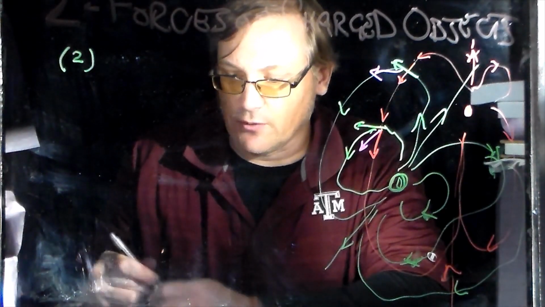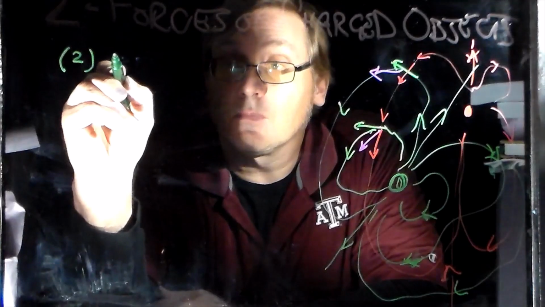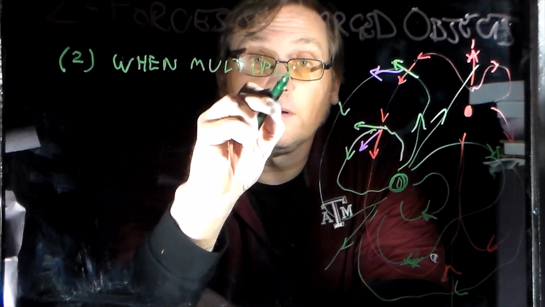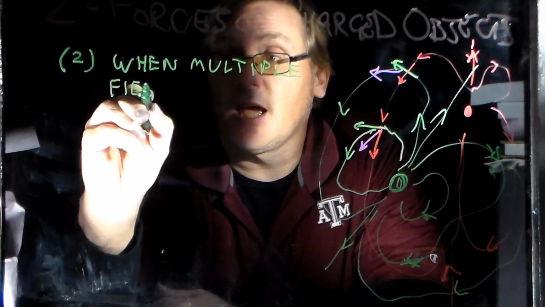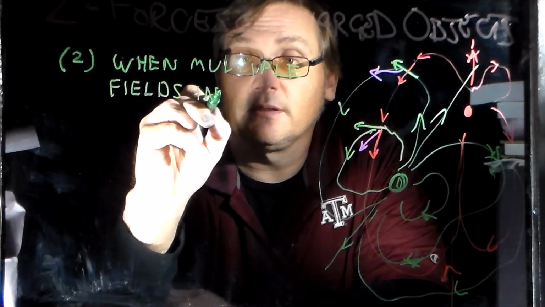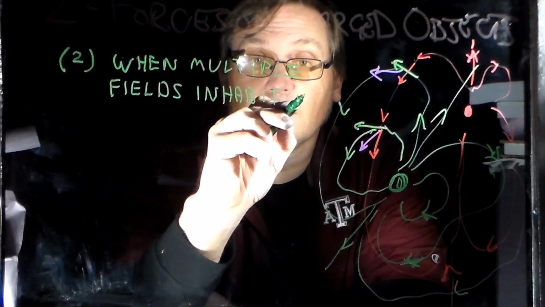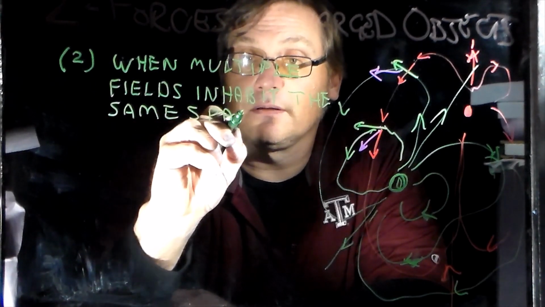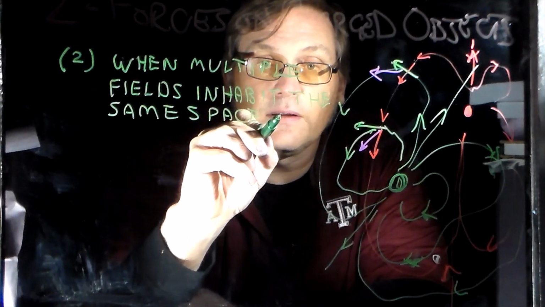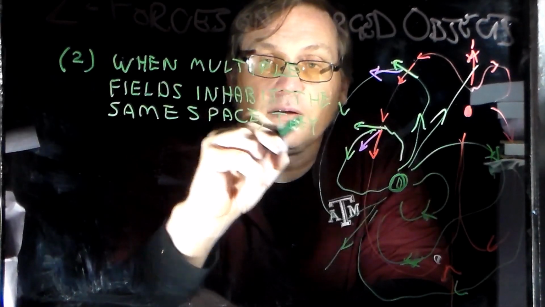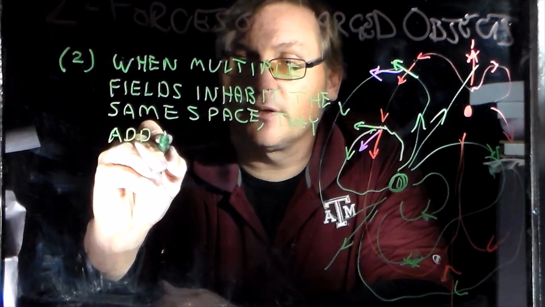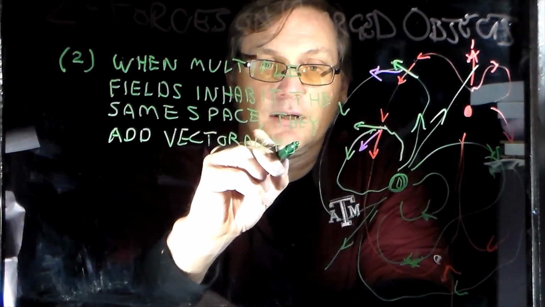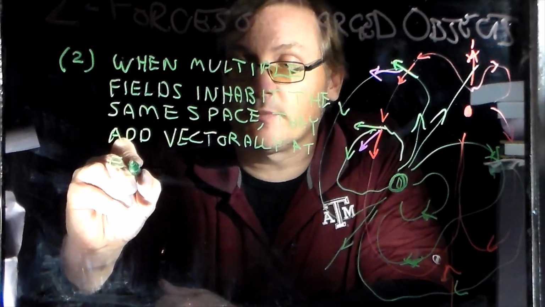So, I was using green, so I should probably keep using green. What I just said is when you have multiple fields in the same space, they add vectorially at each point in space.